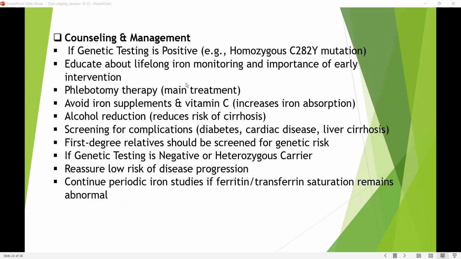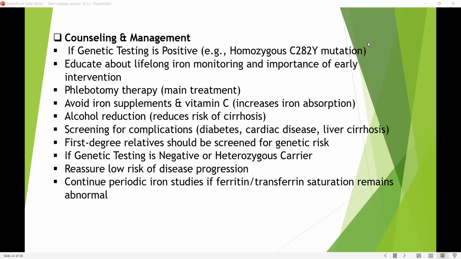What happens if genetic testing is positive? Don't worry, because it's a manageable condition. You need to educate your patient about lifelong monitoring and the importance of early intervention. Phlebotomy, which your father already went through, is the main treatment.